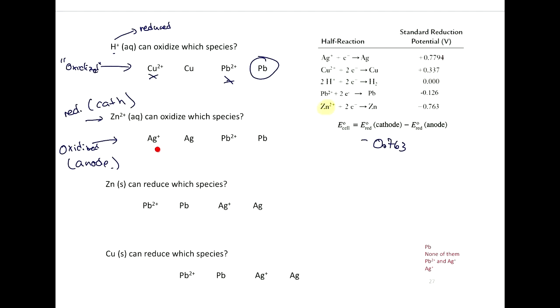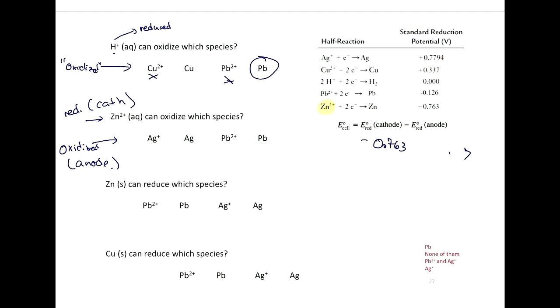And so our options are silver and lead. Silver will work? Because if we do negative 0.763 minus, no, that won't work. Zinc 2 plus is the cathode, and it will just become more negative.